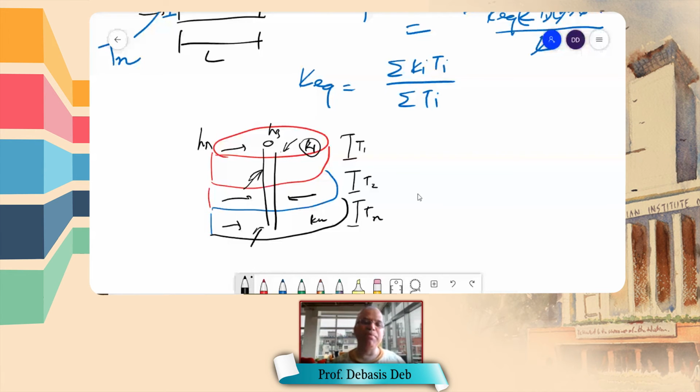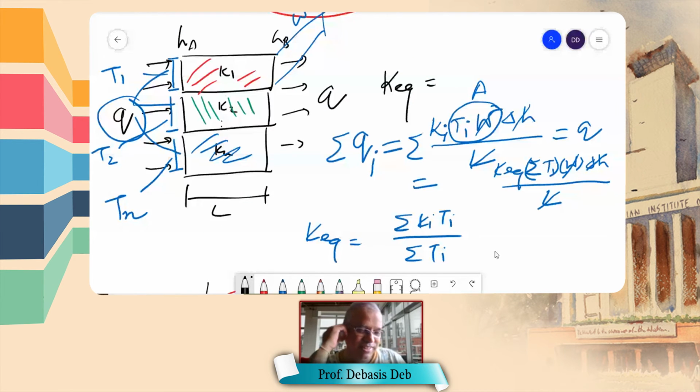Now, sometimes the rock layers are not so nicely distributed, because you see the difference between the mining field or geofield and any other engineering side is that these are all mother nature, and the way they have formed, we have to take it.